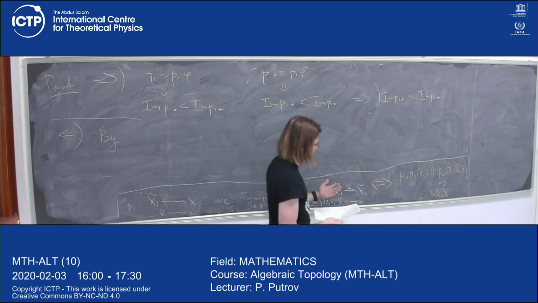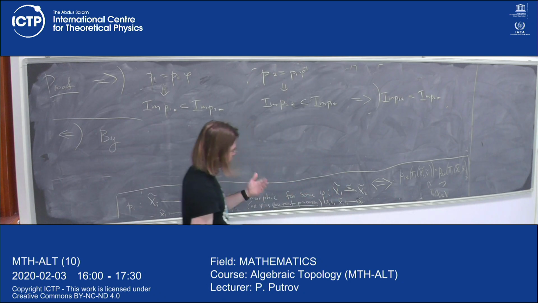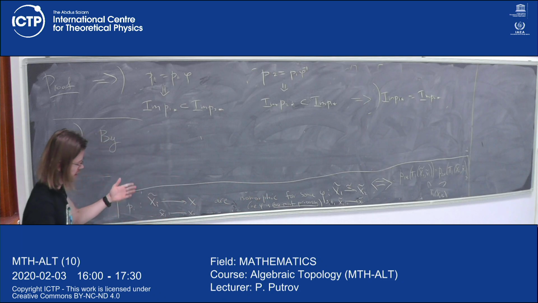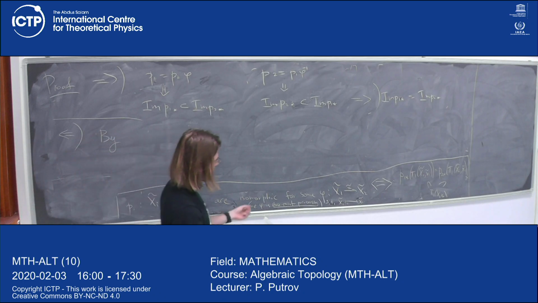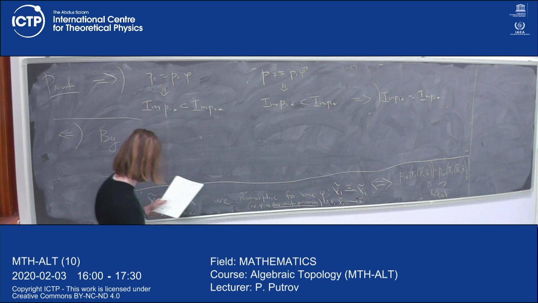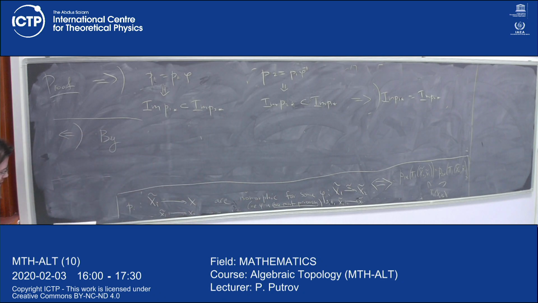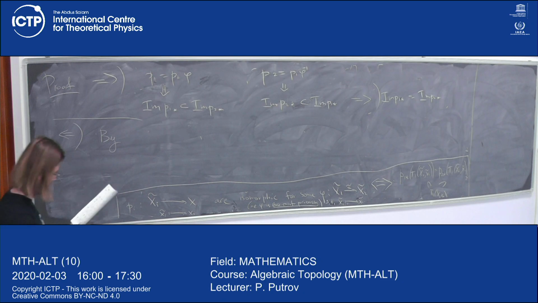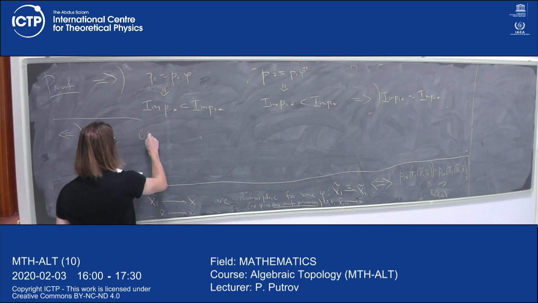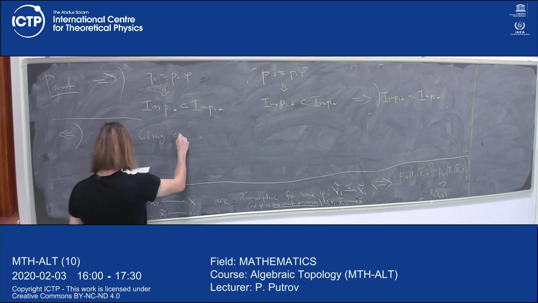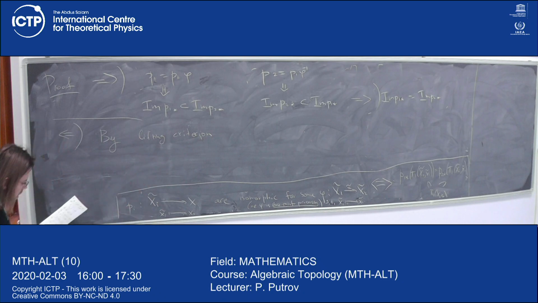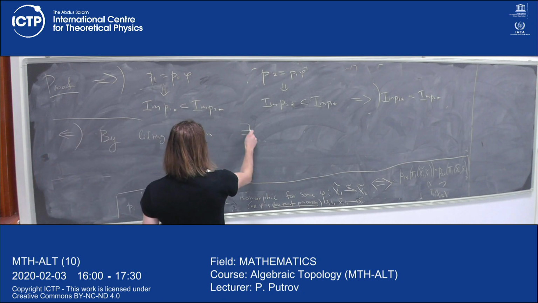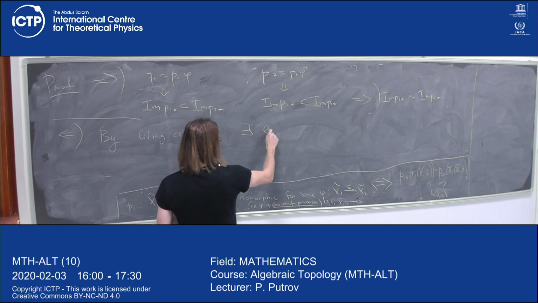If you have a function from some space to another space, you can lift it to the cover of this second space, and this lift is unique if we fix a base point, because if the lifts coincide at one point, then they coincide everywhere. By the lifting criterion, one of the propositions that we had before, there exists a lift.